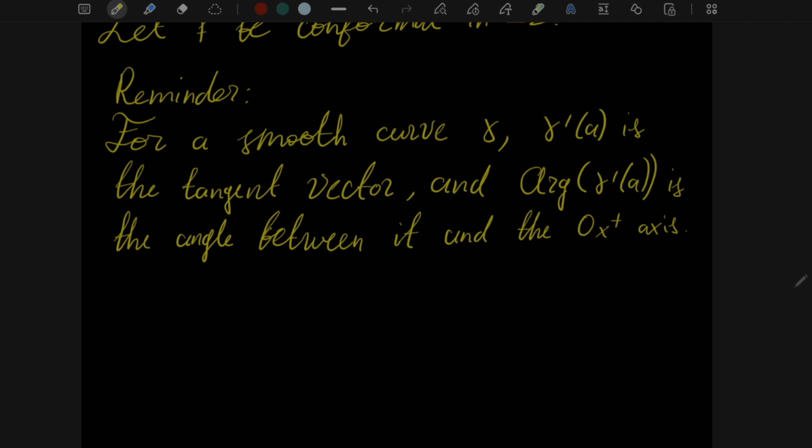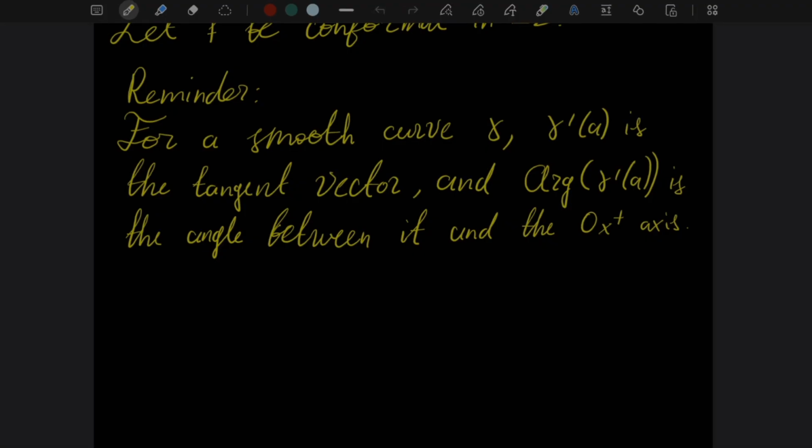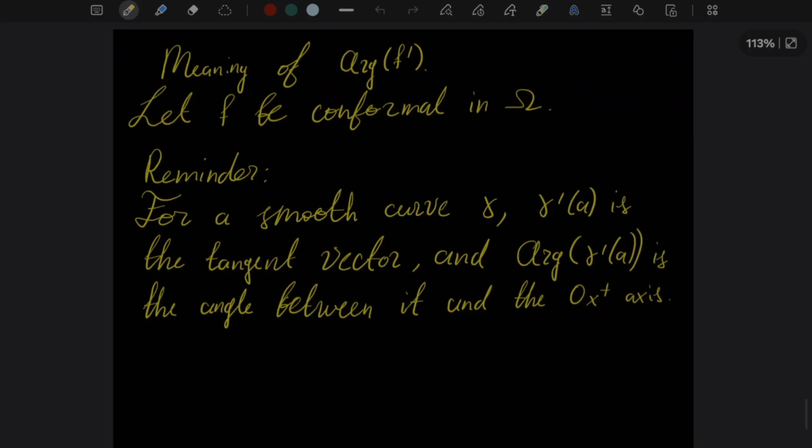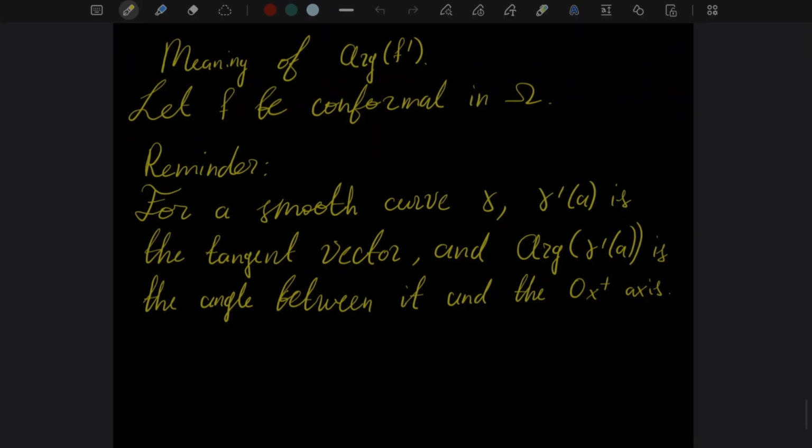Okay, so the derivative at a certain point is the tangent vector to the curve at that point, and the argument of the tangent vector is the angle between it and the positive real line. Okay, and now we have remembered what the argument of the derivative means geometrically.